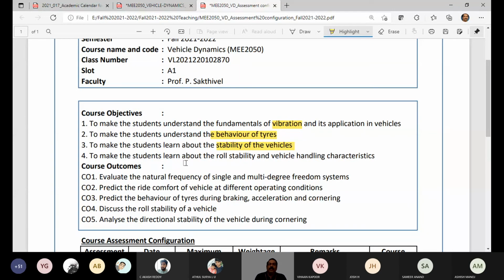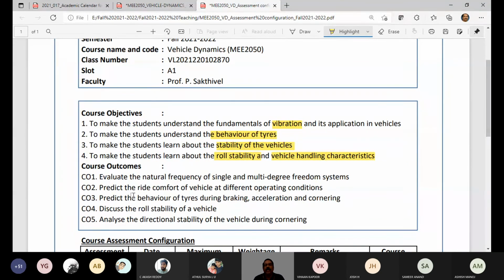And importantly, a specific stability called roll stability, and how you handle your vehicle. So this covers the objectives of your course, and the expected outcomes are 5 outcomes. The modules are divided according to the expected outcomes that students would be capable of achieving.